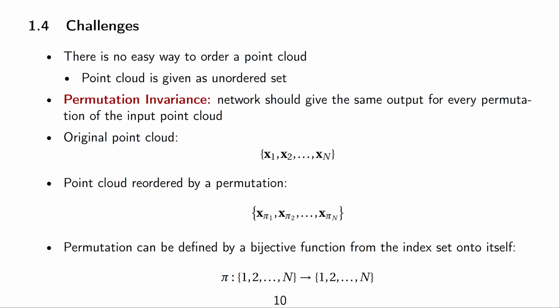Well, maybe we could also order the set of points in a two-dimensional grid of points. Again, that would be possible to some extent, but it is still difficult to maintain the neighborhoods. So it is not really that easy to have an ordering of the points into a grid such that one point is close to all of its spatial neighbors.